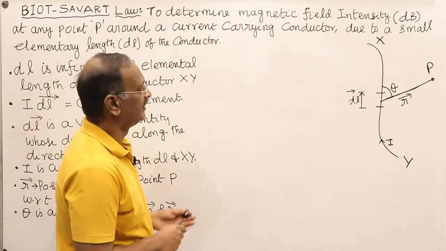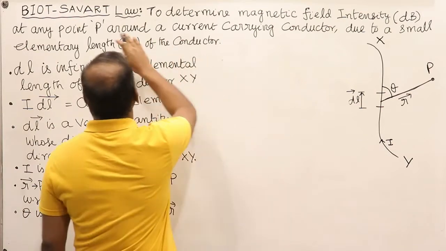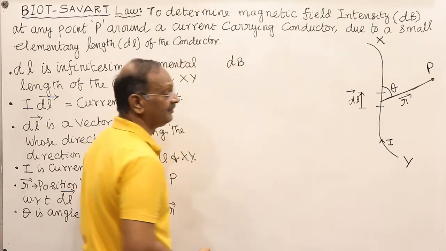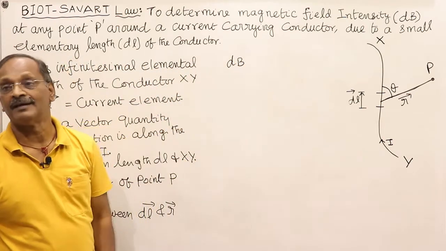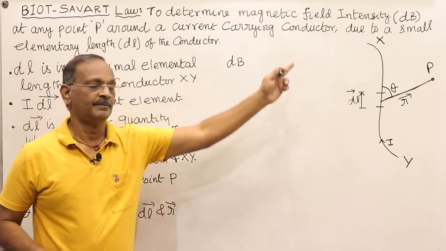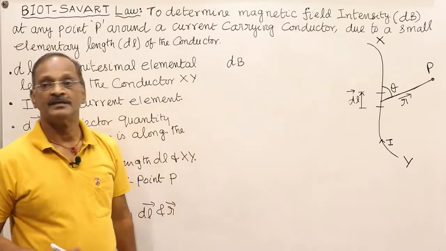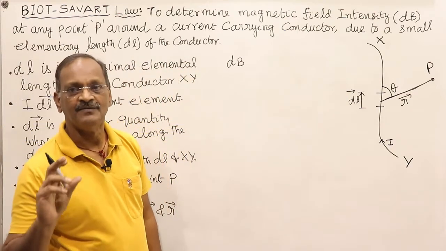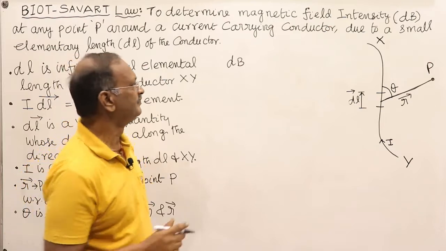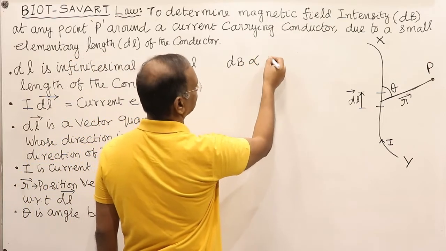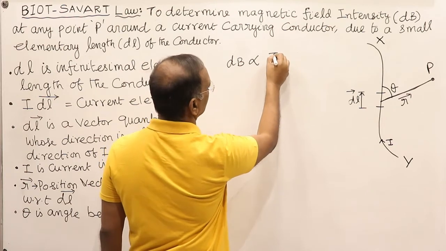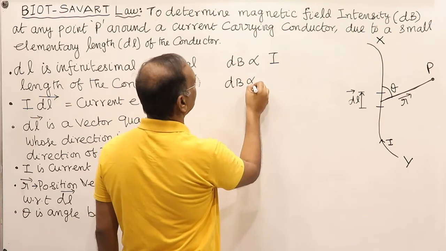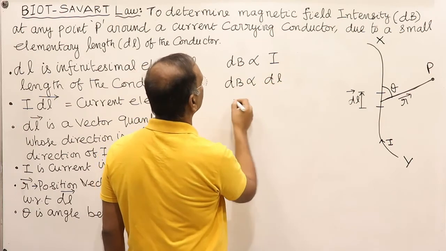Now you see, Biot Savart suggests that the magnetic field produced by the small current element, not by the entire length, is directly proportional to the current flowing through the conductor, and dB is directly proportional to the length dl.